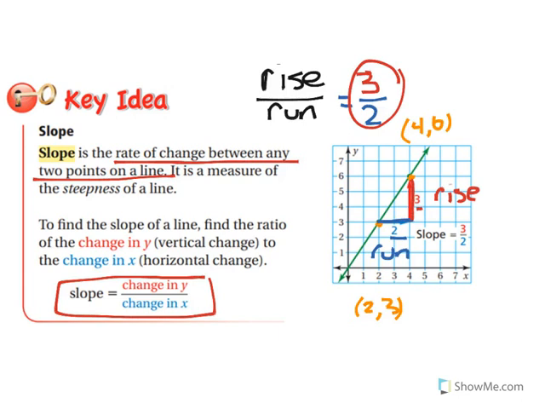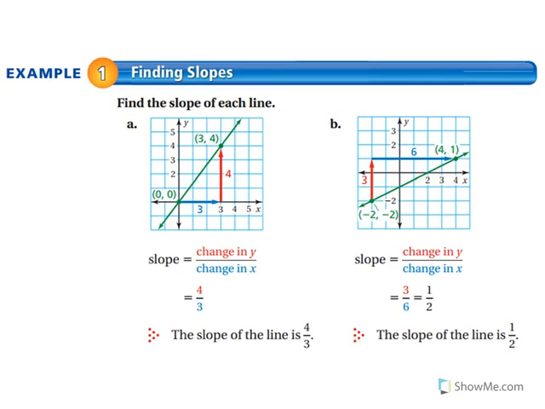Okay, at this point, let's go ahead and move on and take a look at our first example. In order to find slope, let's look at part A and part B. In part A, we're given 2 points. Our first point is at 0, 0. Our second point is at 3, 4.